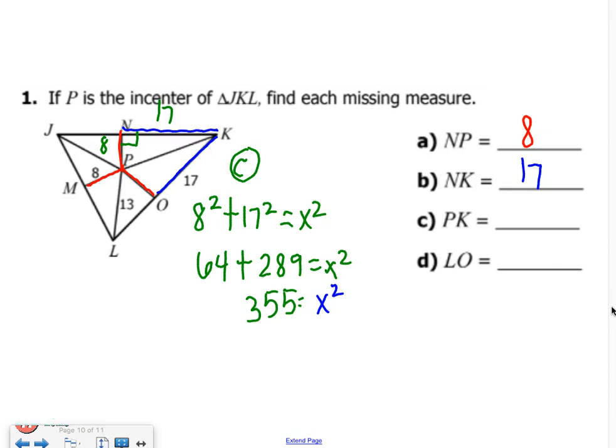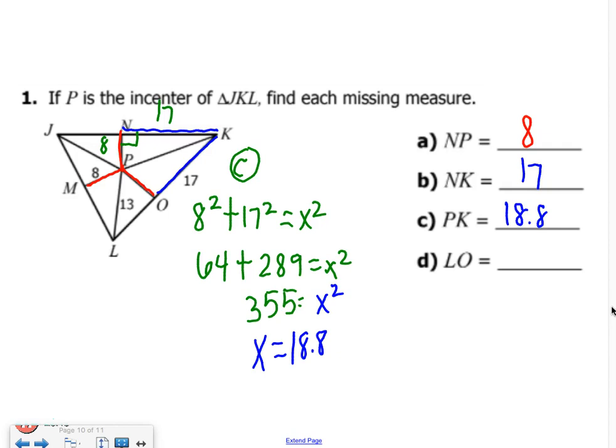Boom. Classic calculator. I was thinking 18.84. All right, 18.9. We don't round that. 18.8. Huh?